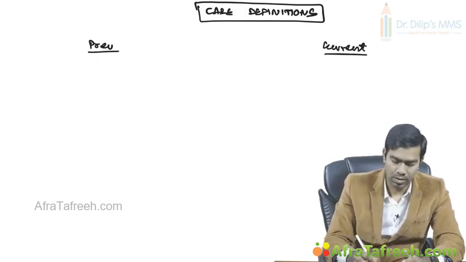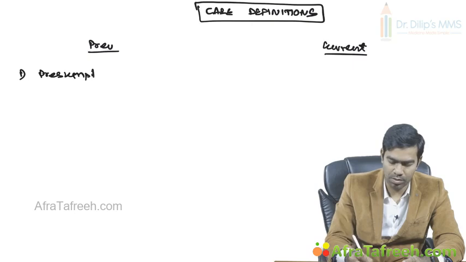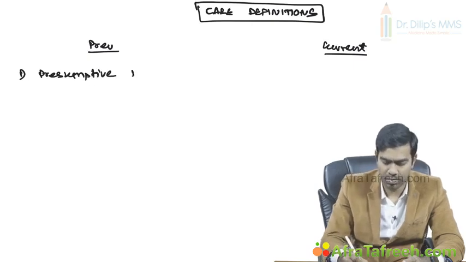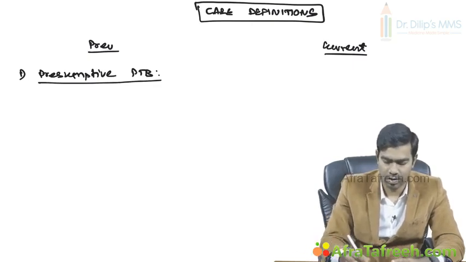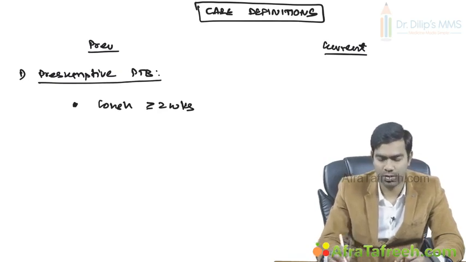Clear? First one is presumptive pulmonary tuberculosis, or presumed pulmonary TB. What is the case definition for presumed pulmonary TB? First, any individual with cough for 2 weeks or more. That is the first definition.